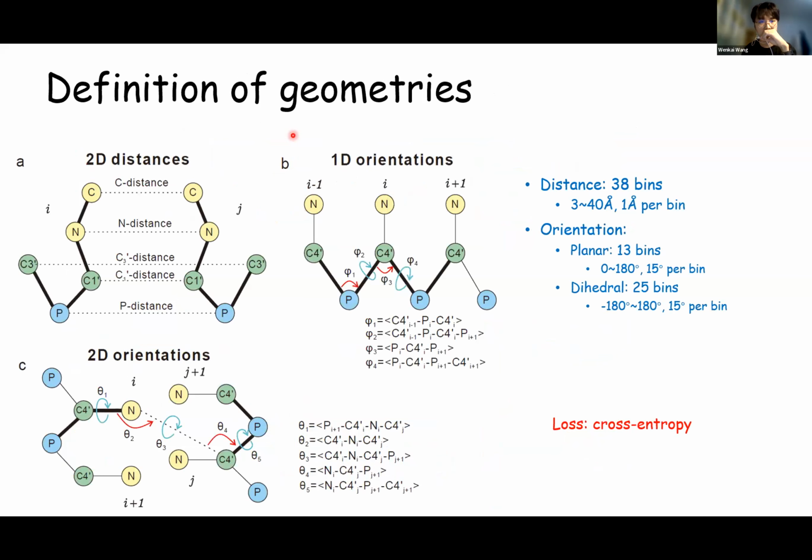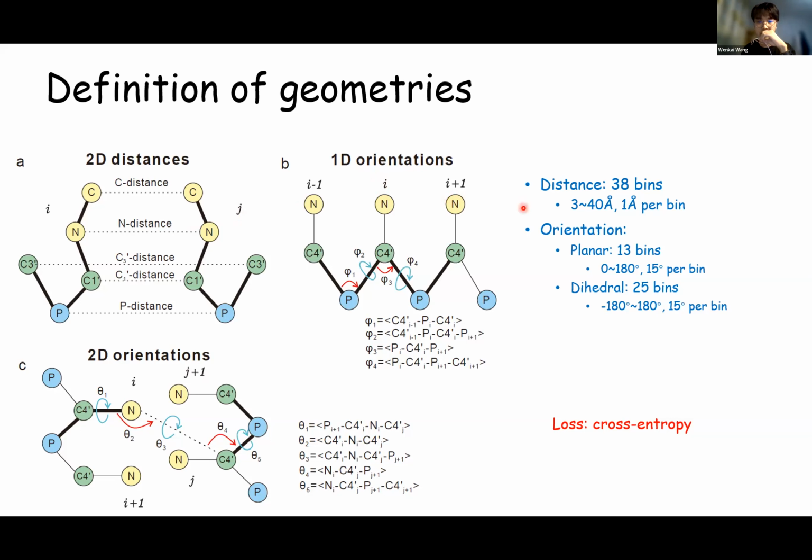Here is the definition of the geometries we want to predict, including the 2D distances, 2D orientations, and 1D orientations. Here, 2D means the relationship between any pair of nucleotides, for example, between i and j. And 1D means the relationship between neighboring residues, for example, between i minus 1 and i plus 1.